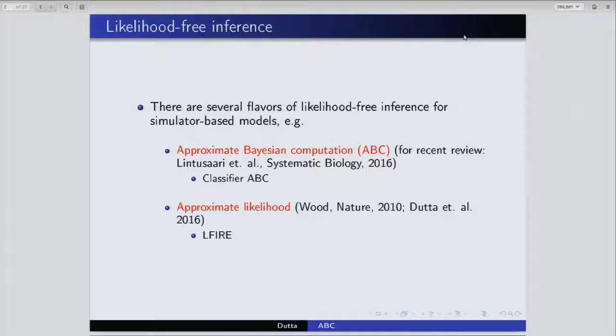And some people thought, why don't we just directly try to approximate the likelihood function? So that's the other thing I will talk about in the second part of my talk, which is approximate likelihood. There is a work called synthetic likelihood approximation, and our recent work called LFIRE. I'll get into that. Both of them depend on ideas from classification.